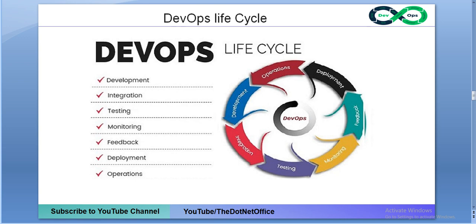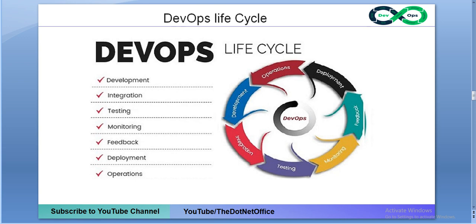Every stage in the life cycle has its own tool, and that tool is responsible for doing that particular task in the DevOps lifecycle, and it enables the company to quicken the time to market. So everything happens using tools. So the deployment and whatever operations are there happen quickly. So that is, in short, the DevOps lifecycle.